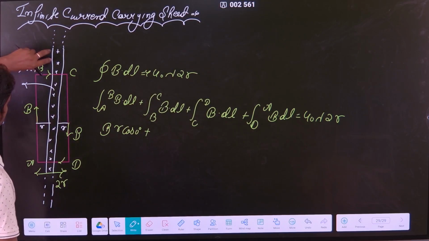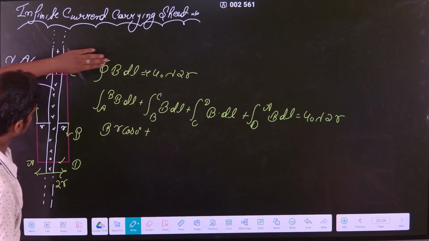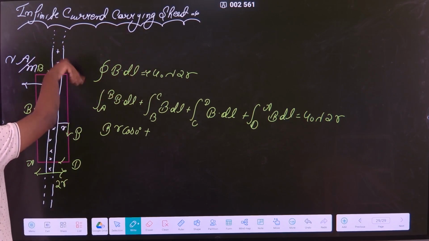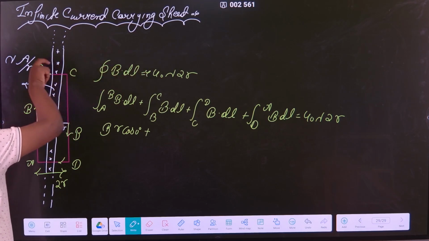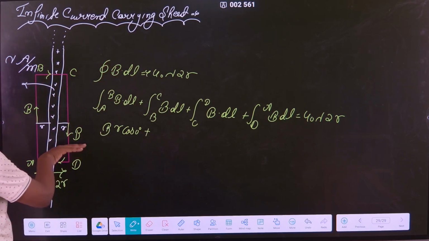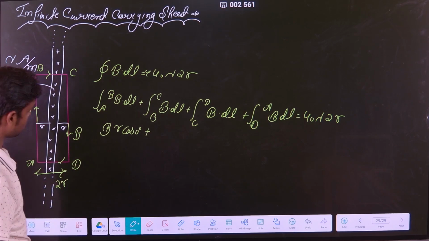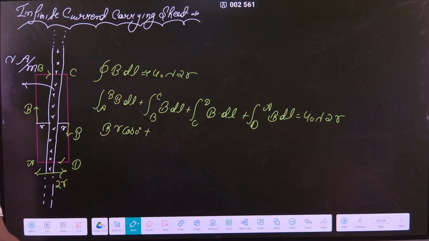See, if you can see properly here, for this surface the magnetic field will be like this, in this direction, correct? And the dl vector is also in this direction, so they will be added. And for this surface, the magnetic field will be like this and the dl vector will also be like this, so this will also be added. Okay, no issue.